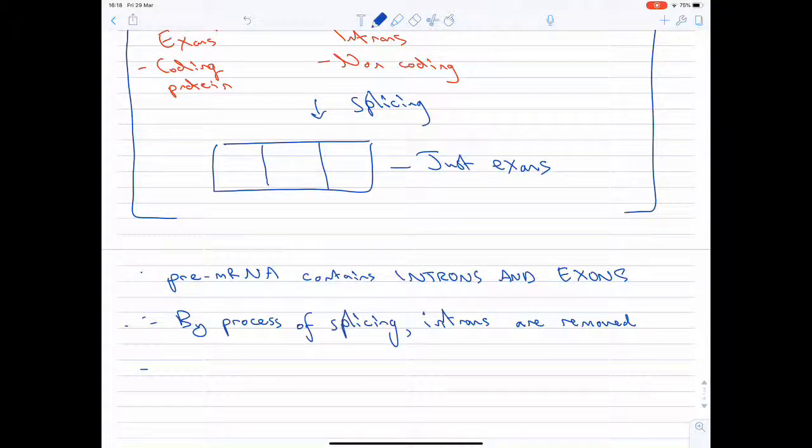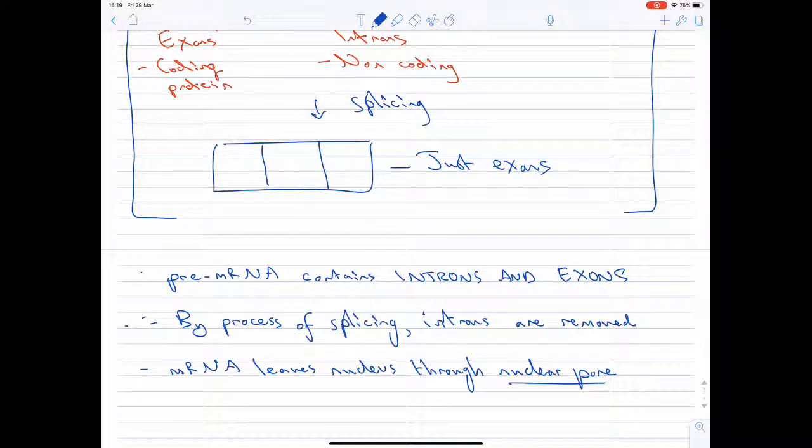So that produces your functional mRNA now, which is actually going to go to the ribosomes. So this is all taking place in the nucleus. So this mRNA is going to leave through the nuclear pore. So leaves nucleus through nuclear pore.